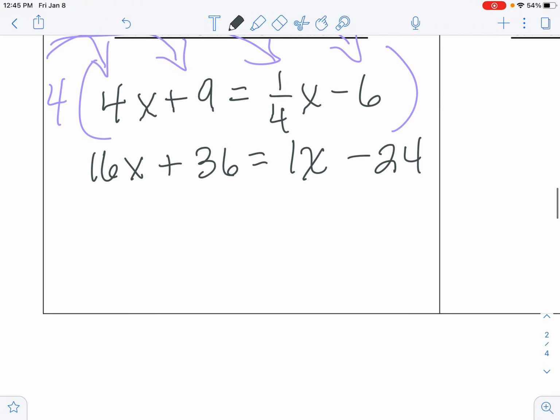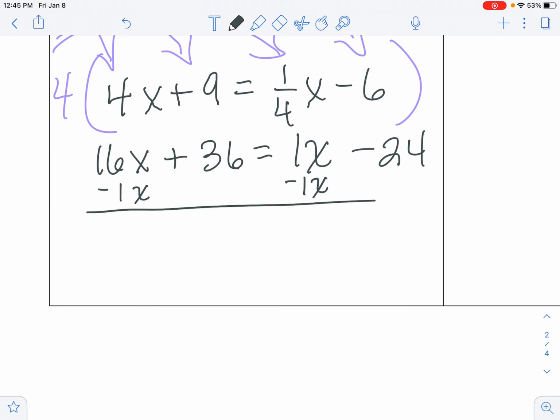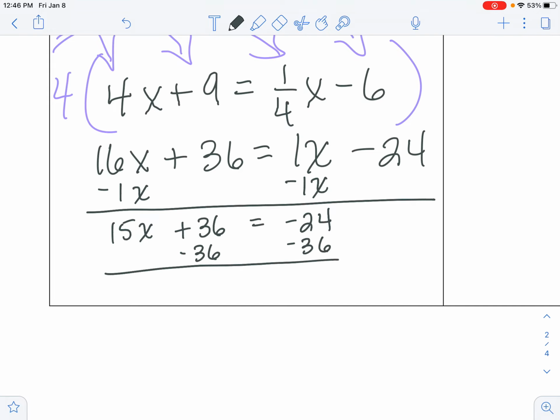Then from there, I see that I have variables on both sides, so I would subtract 1x from both sides. And I would get 15x plus 36 equals negative 24. And then I would subtract 36 from both sides to get 15x equals negative 60.